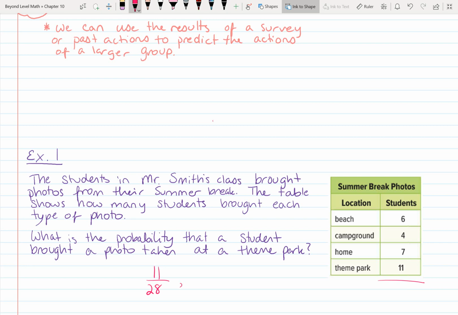I believe for your homework, I wrote it all 3 ways. So fraction, decimal, it's about 0.392, so I'm going to round it to about 39, and then our percent is about 39%. Don't forget, if you're rounding, use the about sign.